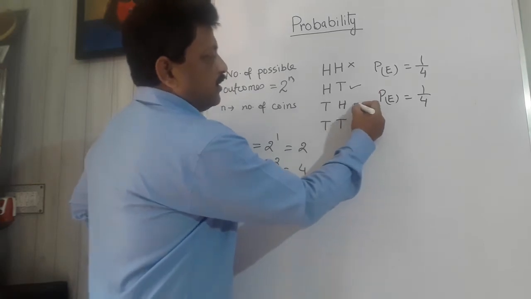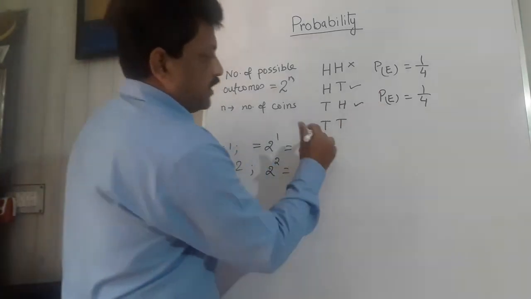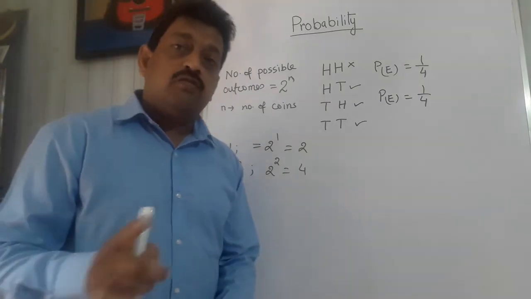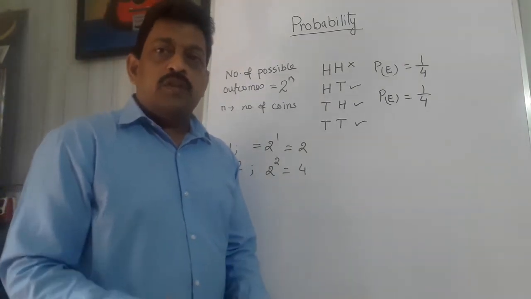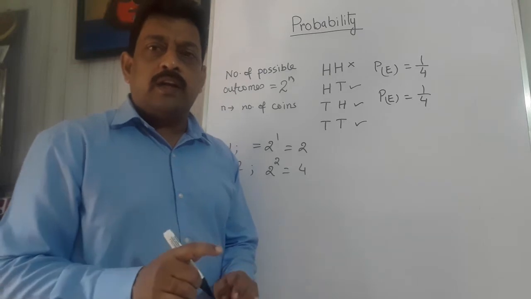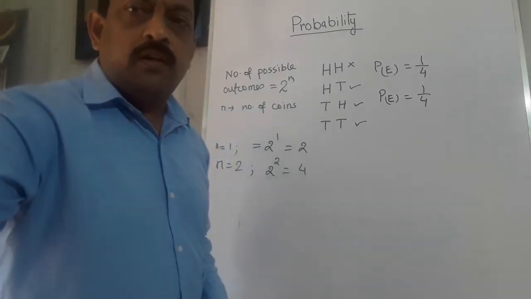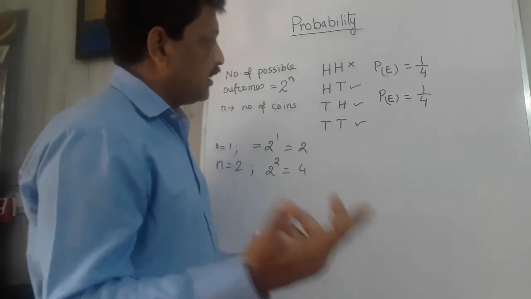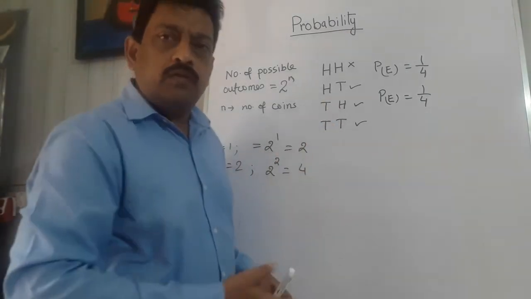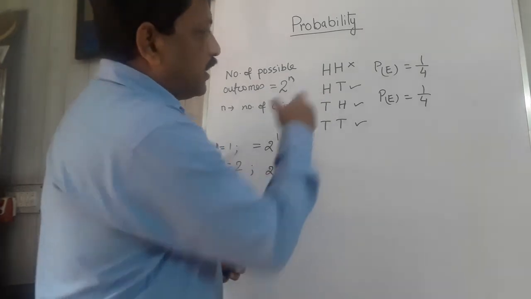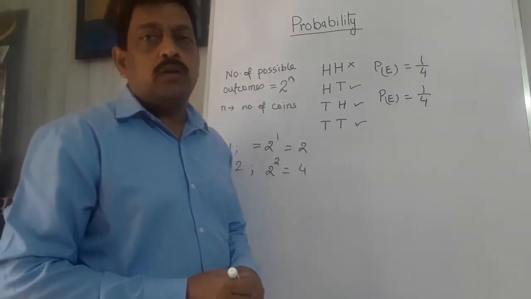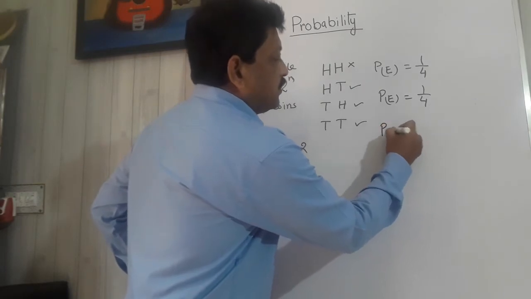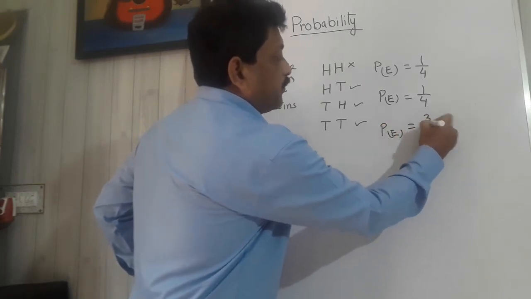There is also one tail, we can take this. And there are two tails, we have to take this also, because at least one tail means minimum one tail, and maximum we can take two tails since there are two coins. Therefore there are three favorable outcomes for this event.